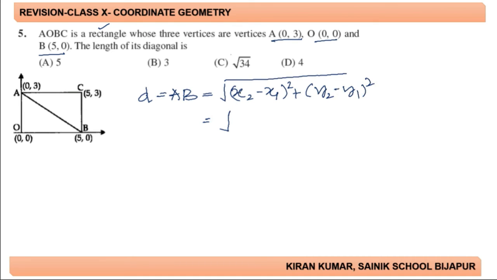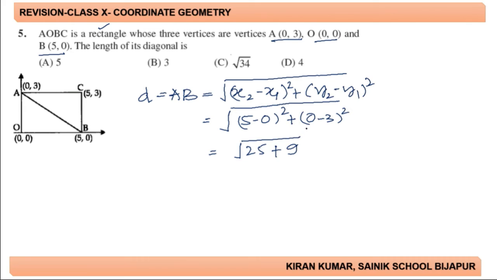So it is root of (5 minus 0) whole squared plus (0 minus 3) whole squared. 5 minus 0 whole squared is nothing but 25. 0 minus 3 whole squared is nothing but 9. We'll be having root 34 units. And this verifies that option C is the right answer.